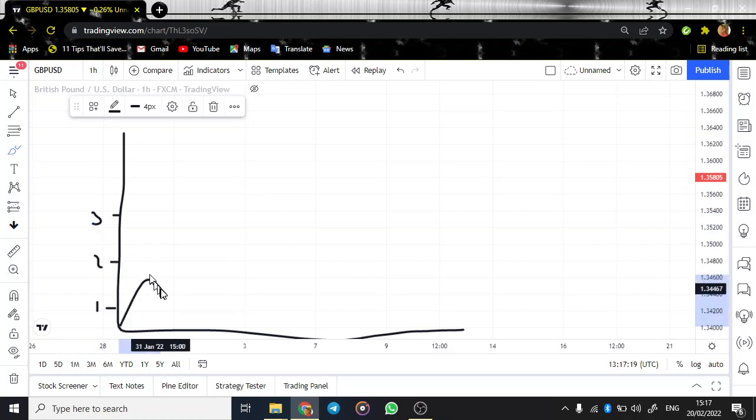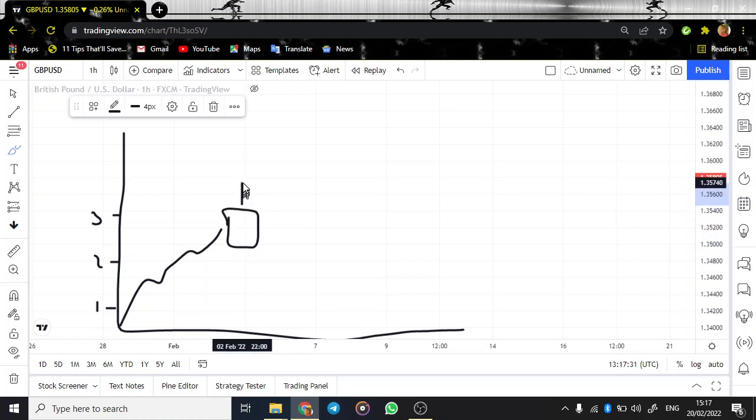So now we have price moving. This is how a Japanese candlestick would look like. It's something like this in the charts. A Japanese candlestick. Yes, it looks like a candle because it's a candlestick.